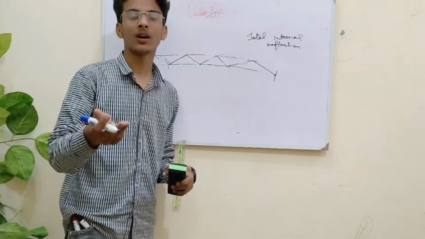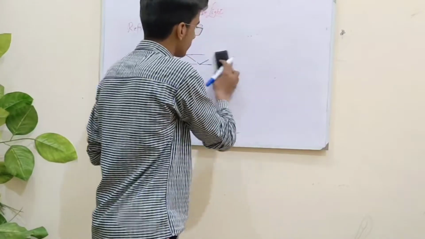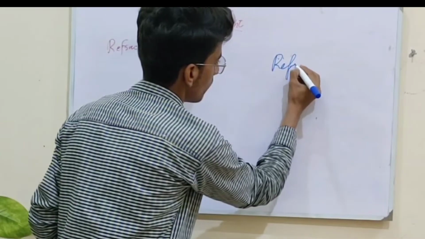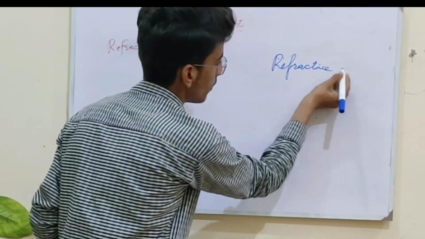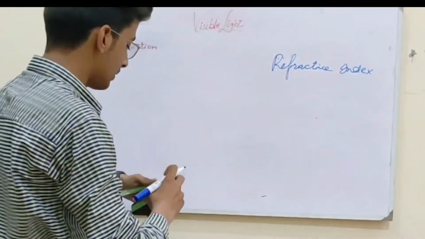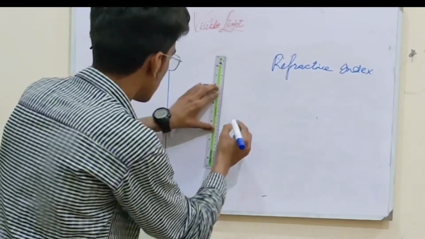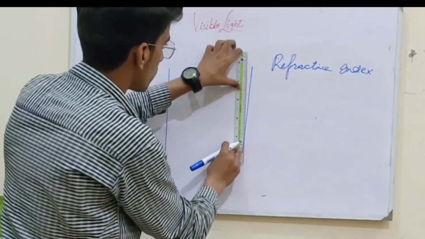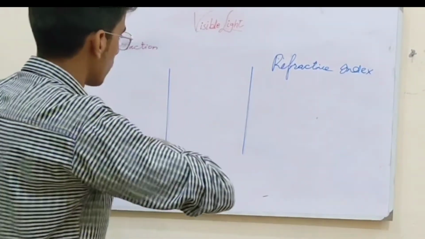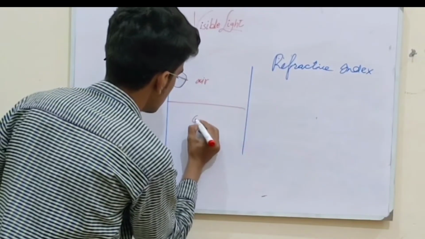I will talk about how to find the refractive index. We can take two mediums. This is air and this is glass.